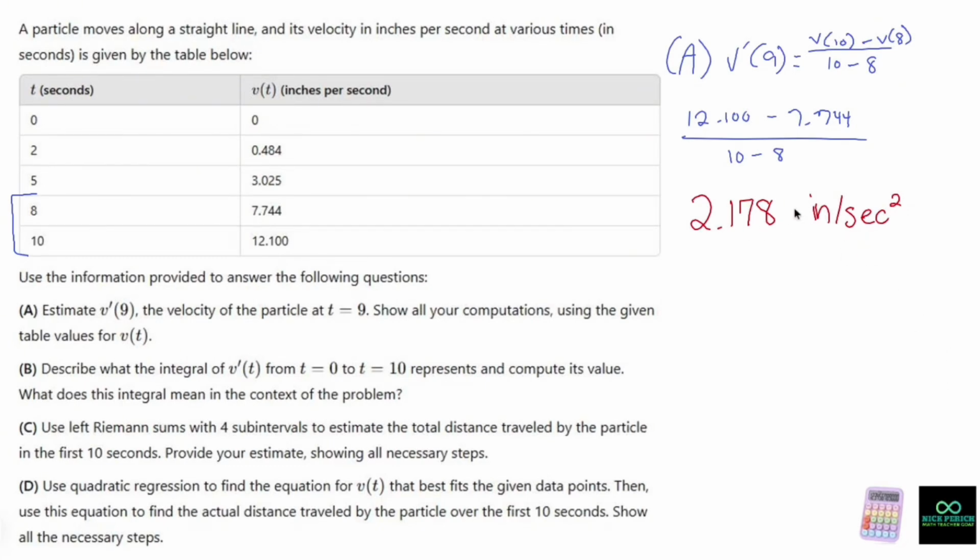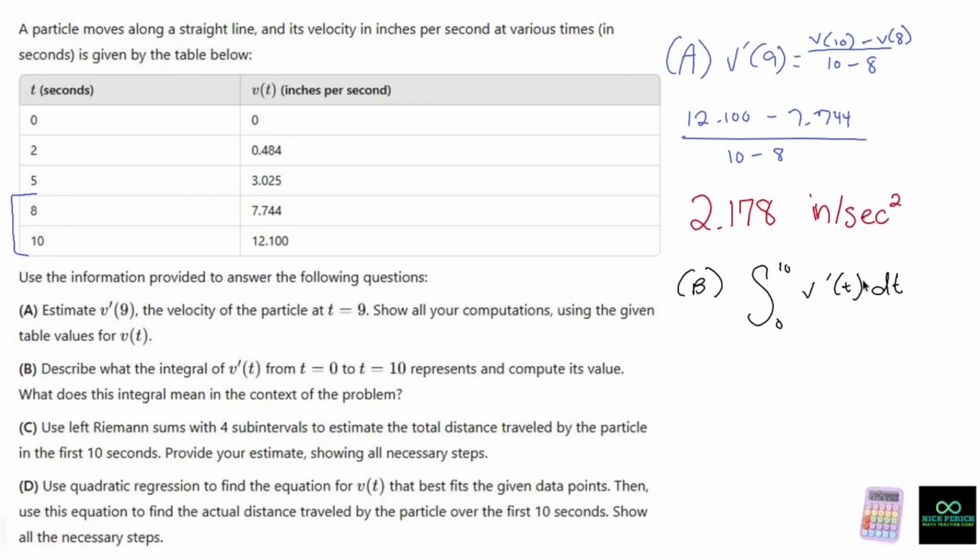Now that's A. B is asking us to describe what the integral of V prime of t from 0 to 10 represents. The integral between 0 and 10 of V prime of t, so I guess we'll do dt.